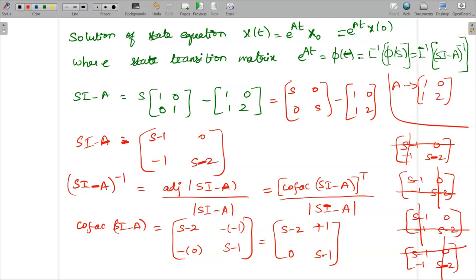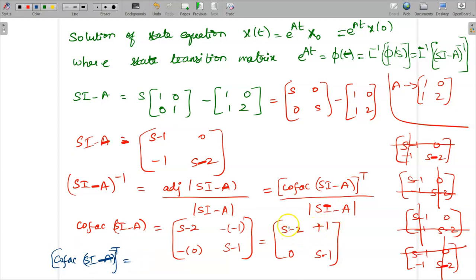Now we have to obtain the transpose of this matrix, because we have the formula: the cofactor of sI minus A, the whole transpose. Whole transpose means change your rows into columns.